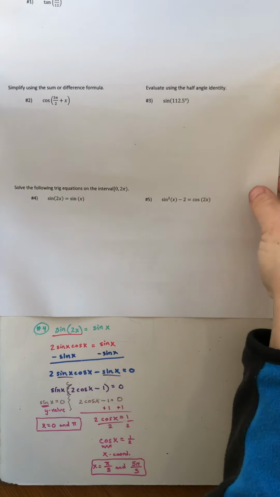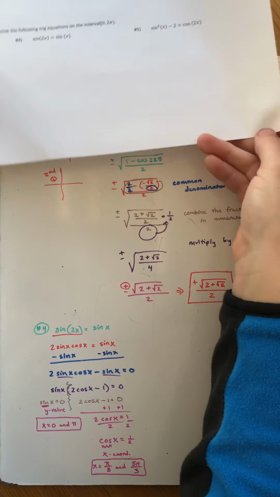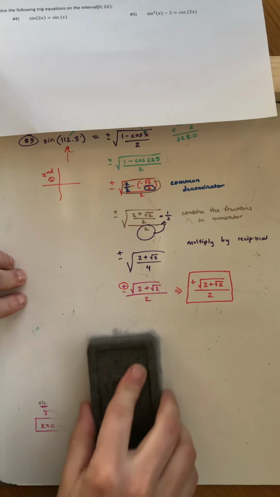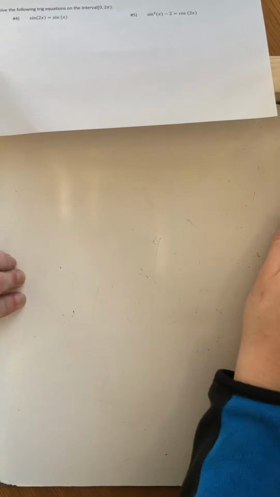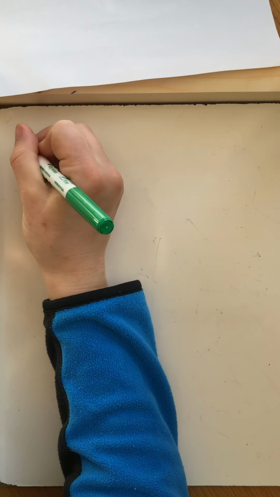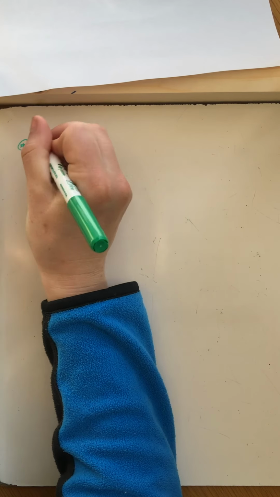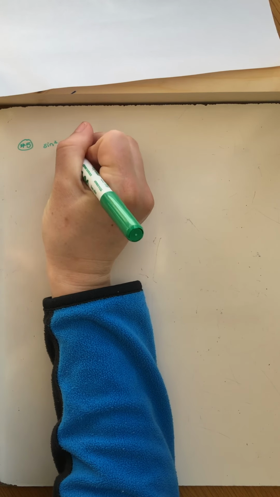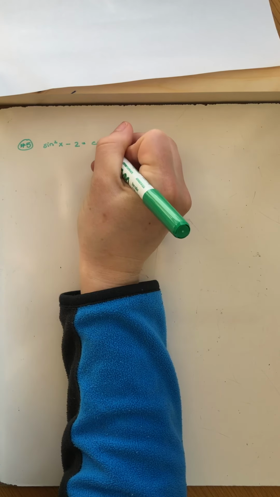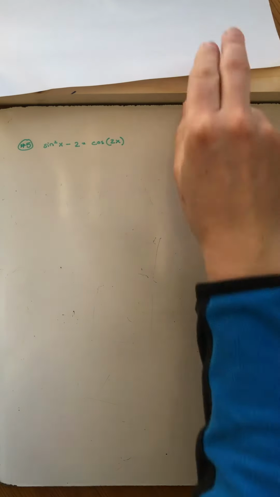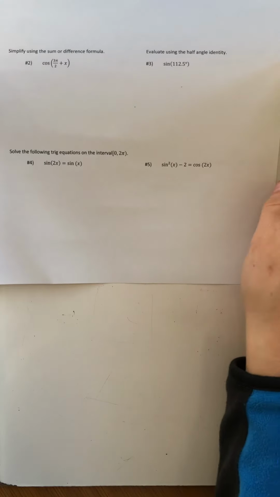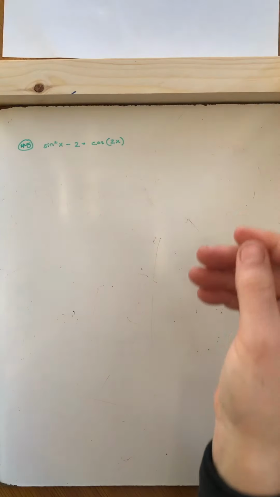Have one more problem to get us through that front page. Number 5. Number 5 is sine squared x minus 2 equals the cosine of 2x. So for this problem, the cosine of 2x, I'm looking for the double angle formula for cosine.